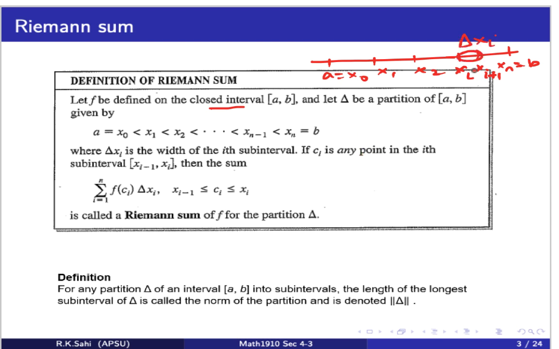And if ci is any point in this interval, suppose we have a point ci here, then the sum given by f of ci times delta xi from 1 to n, so basically we're dividing into n subintervals, is called the Riemann sum of f for the partition delta.